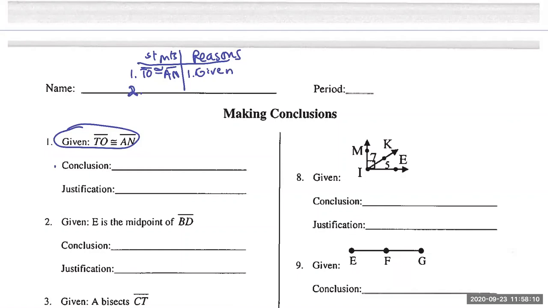And the justification is, what is the reason that I know statement 2 is true? Okay, so TO is congruent to AN. The only possible thing you can conclude from that is that its measures are equal. Okay, so think of the proofs. If I'm given that they're congruent, the only possible thing I can conclude is that they have equal measures. And the justification for that is what we just used, definition of congruent segments.